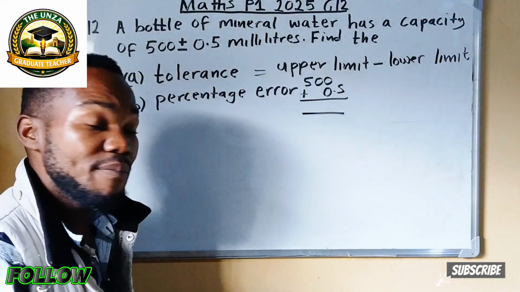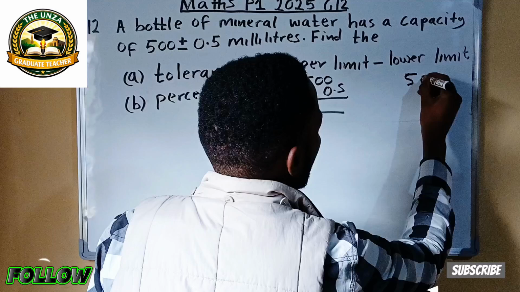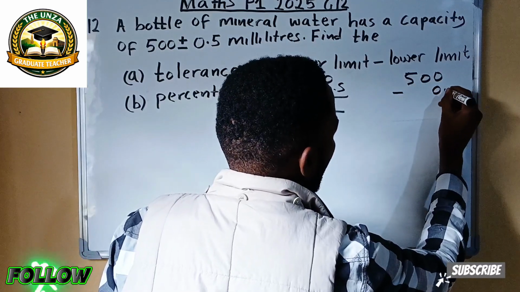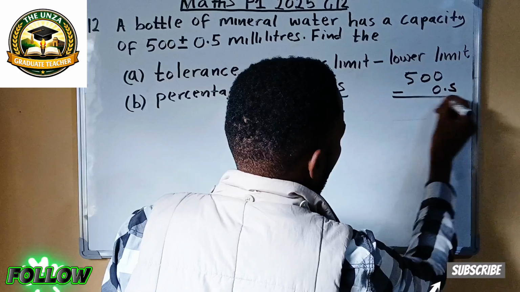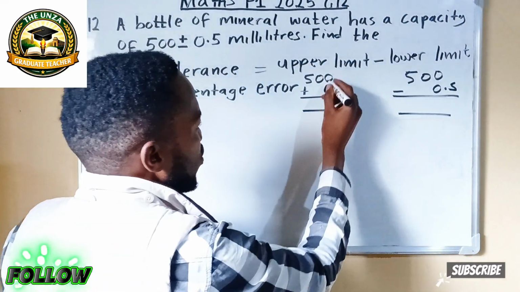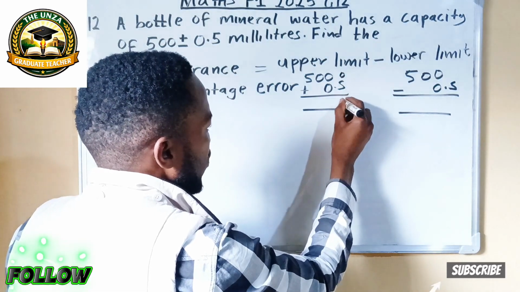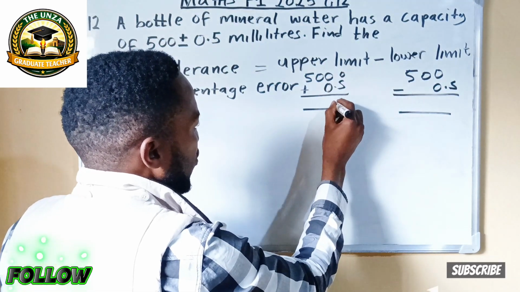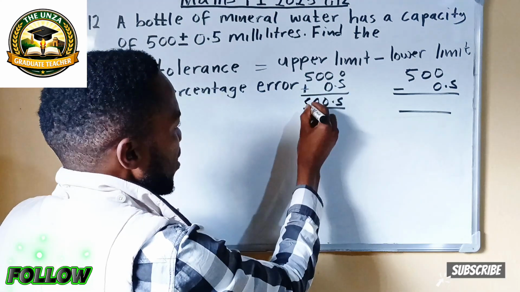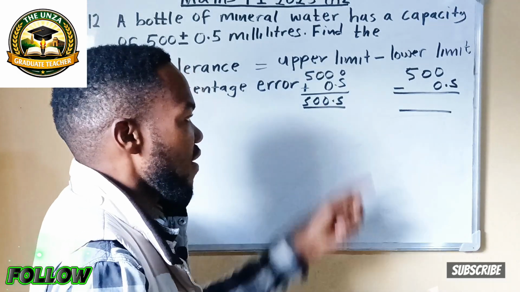For you to find the lower limit, you must say 500 minus 0.5. That's how you find these values. So when you add this here, you add 0 plus 5, it will give 5. Here there will be a point, 0 plus 0, 0, 0 plus 0, 0. The upper limit will be 500.5.